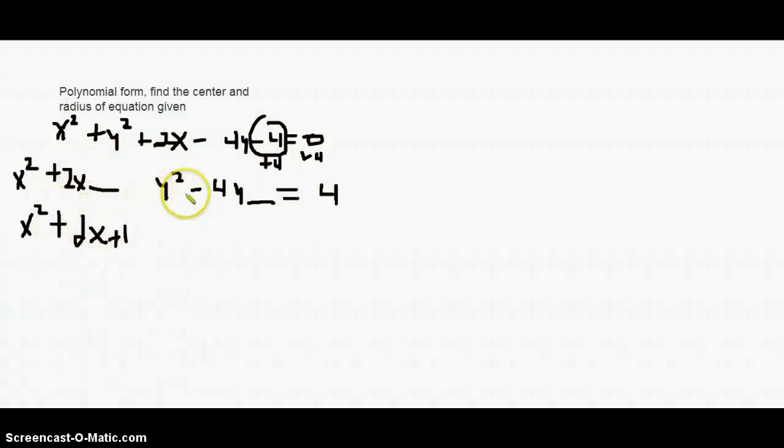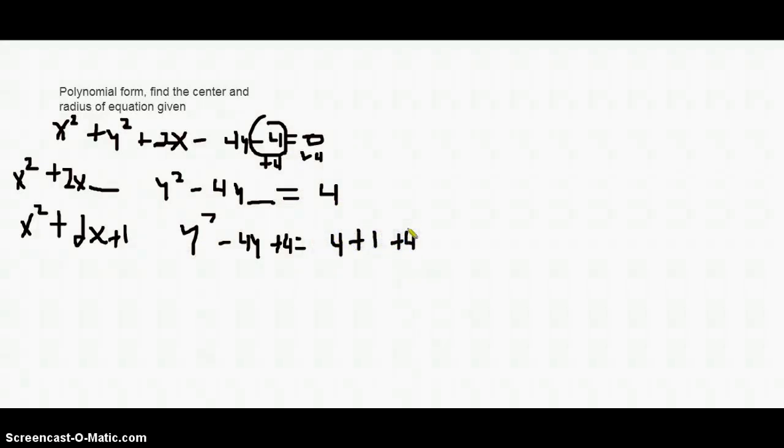And for the other one, we divide -4 by 2, which is -2, and squaring -2 is 4. So y squared minus 4y plus 4 equals. Now this won't be 4 anymore. Since we did this on this side, we have to do it on the other side. So it's going to be 4 plus 1 plus 4.